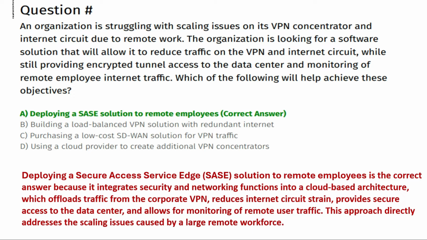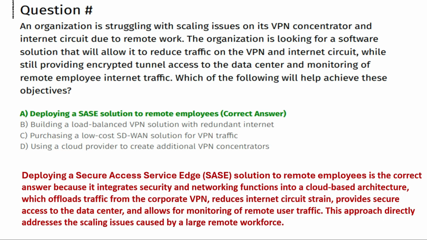Option A, deploying a SASE solution to remote employees. Option B, building a load balanced VPN solution with redundant internet. Option C, purchasing a low cost SD-WAN solution for VPN traffic. Option D, using a cloud provider to create additional VPN concentrators. And the correct answer for this question is deploying a secure access service edge solution to remote employees.